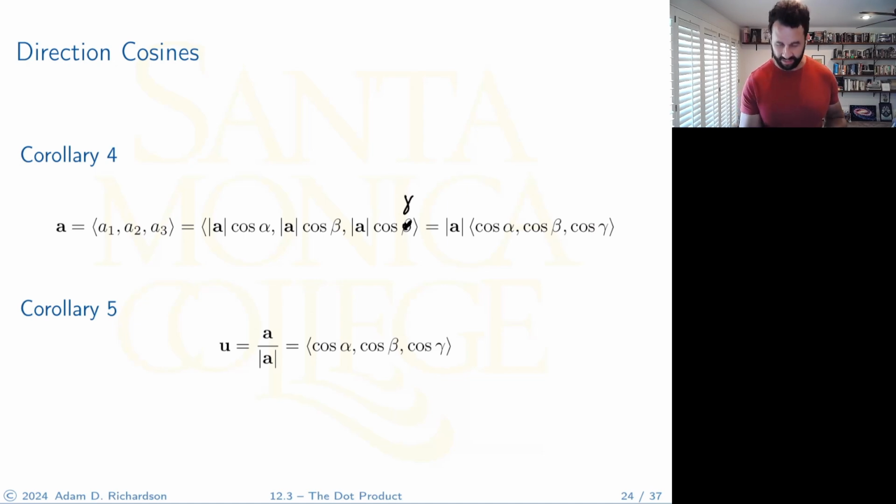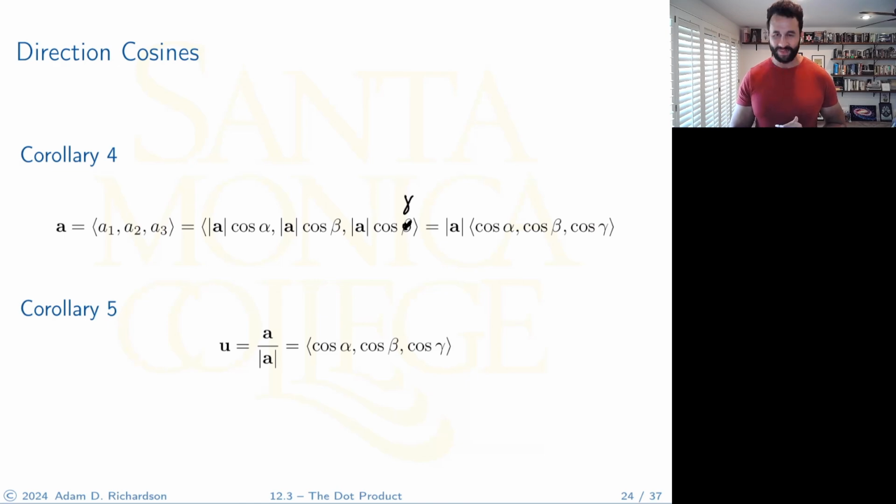Just by the definition of scalar multiplication for a vector, we can factor out the length of A and pull it to the front. And then you get that this vector A is the same as its length times this vector, which consists of cosine alpha, cosine beta, cosine gamma, which is pretty cute.